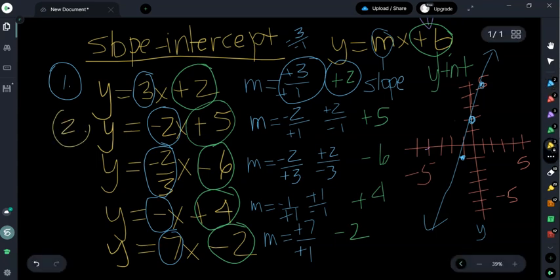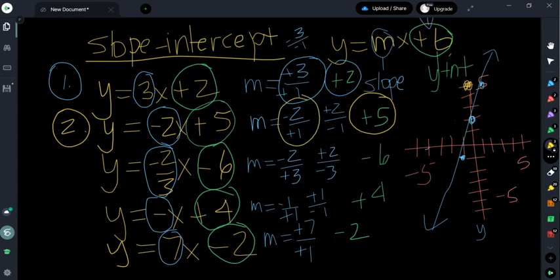Let's look at my next line. Let's look at line number 2. Where does this guy cross the y-axis? At 5. So it's going to cross the y-axis at 5. And my slope is -2 over +1. So I'm going to go down 2, to the right 1. Down 2, to the right 1.